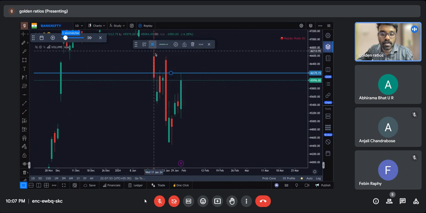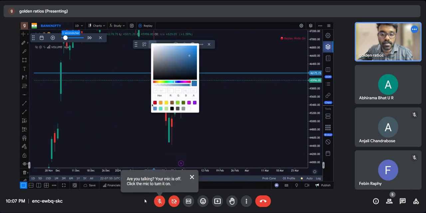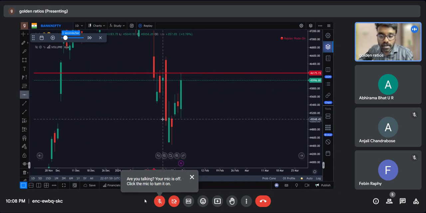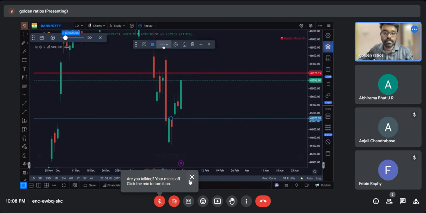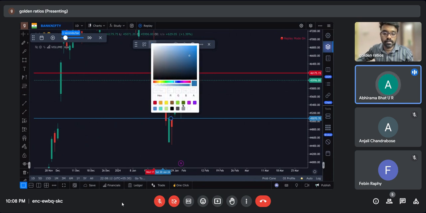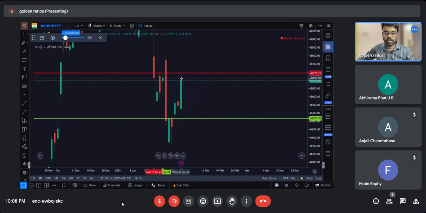You can change the color also. Red. And this is 31st low.